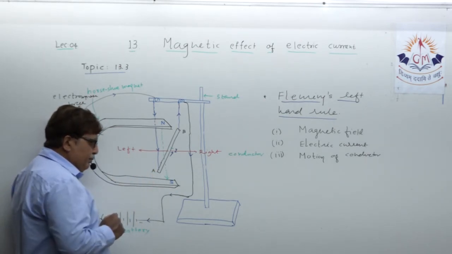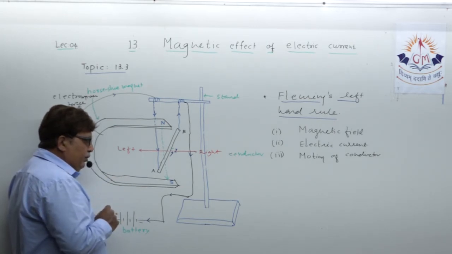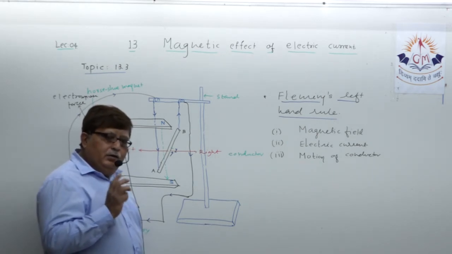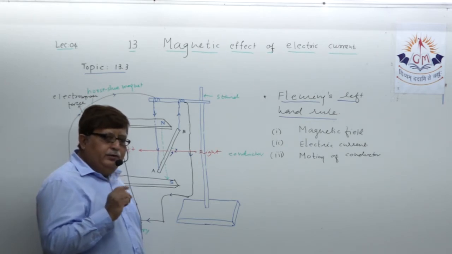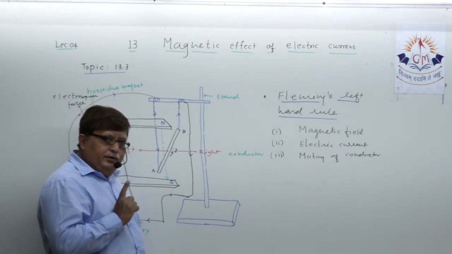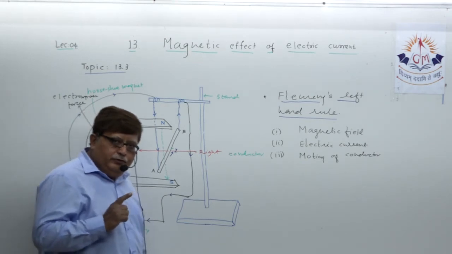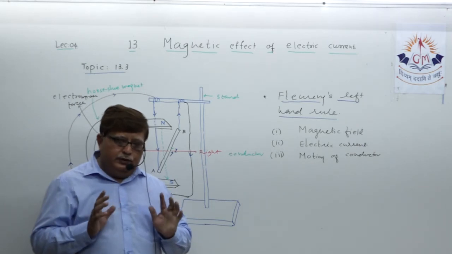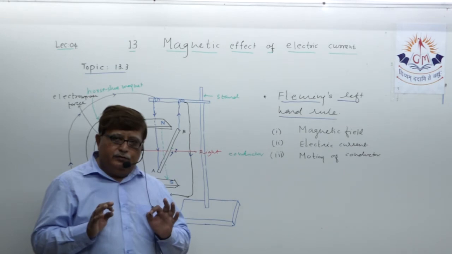In this particular experiment, what is important is to understand that all three physical quantities, magnetic field, electric current, and motion of the conductor, are mutually perpendicular to each other.